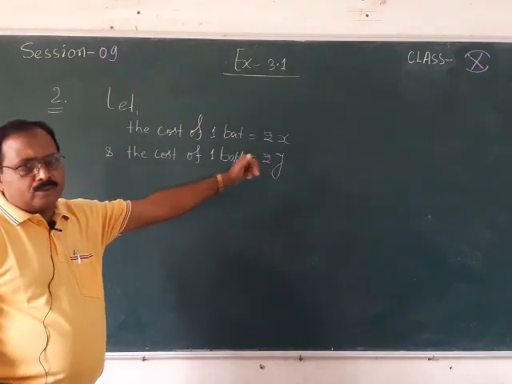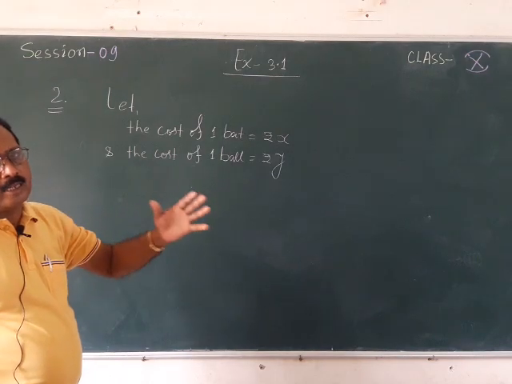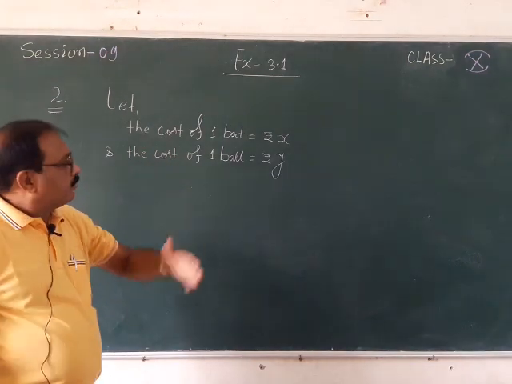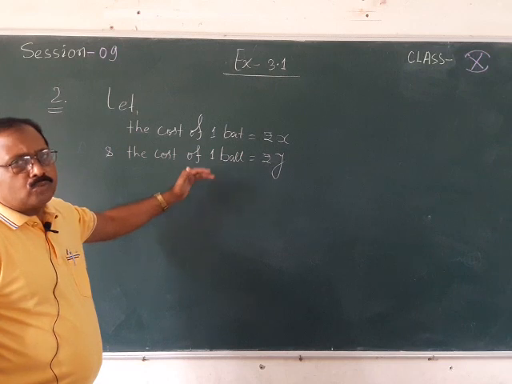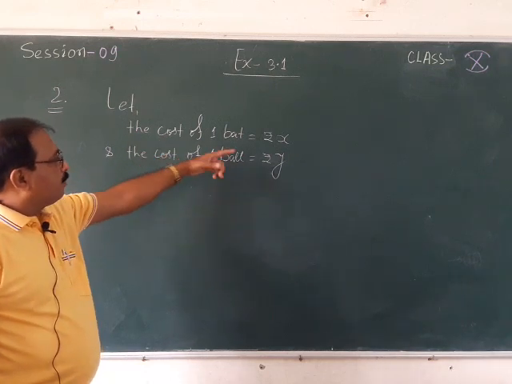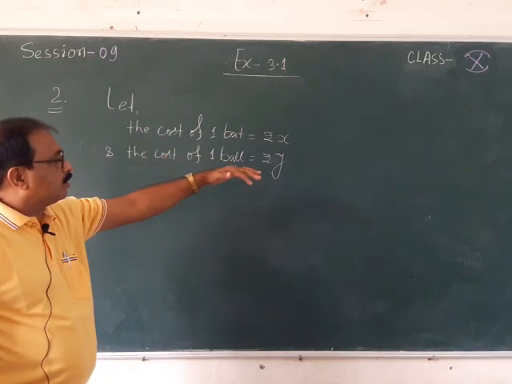As I have taken X, you can take any variable. There is no restriction that you must always write X, but as per our convenience we are writing X. The cost of one bat is rupees X and the cost of one ball is rupees Y.